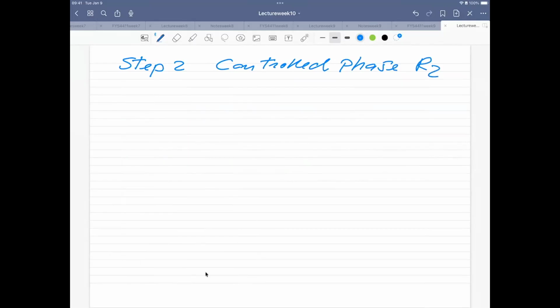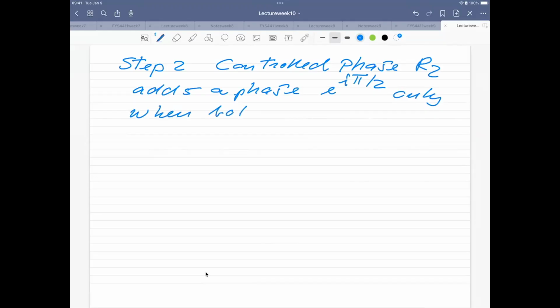So this adds a phase which is e of I pi divided by 2, which is the same as I, only when both qubits are in the state 1.